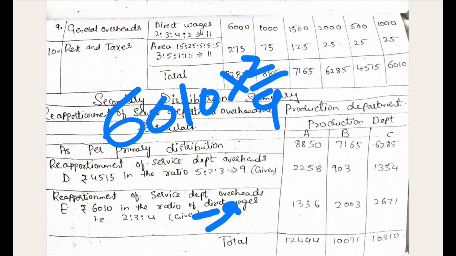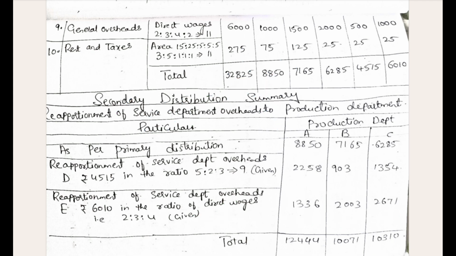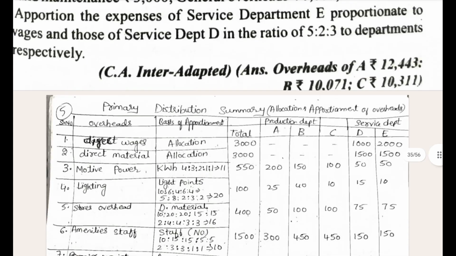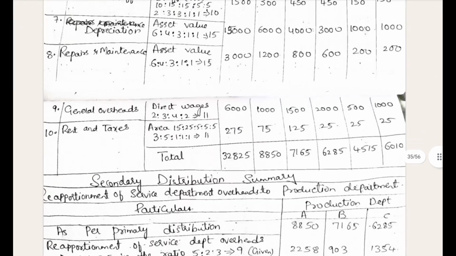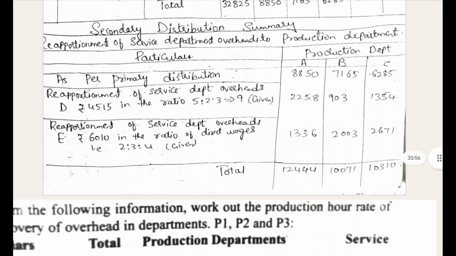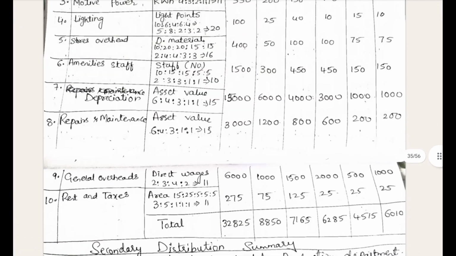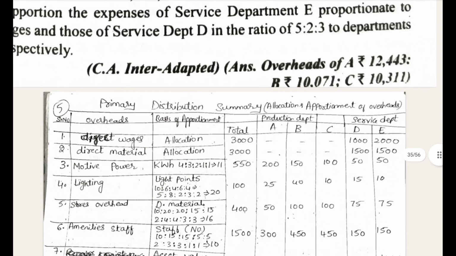So 2 by 9, 1,336. 6,010 into 3 by 9, we will get 2,003. 6,010 into 4 by 9, we will get 2,671. Now lastly we have to do the total. Check the answer. If it is given in the question as 12,443, we are getting 12,444, only a 1 rupee difference somewhere. I think you will get it in the points.